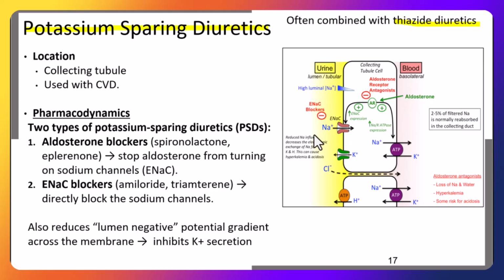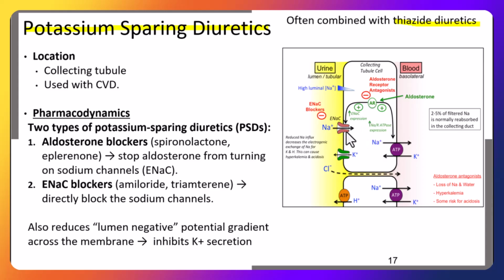And what this does under normal circumstances, if you remember what aldosterone can do, is encourage the movement of sodium from the tubule fluid into the cell and then into the blood, also bringing water with it, increasing blood volume and increasing blood pressure. So if we block this with an aldosterone blocker, then we're not getting the same level of expression happening.